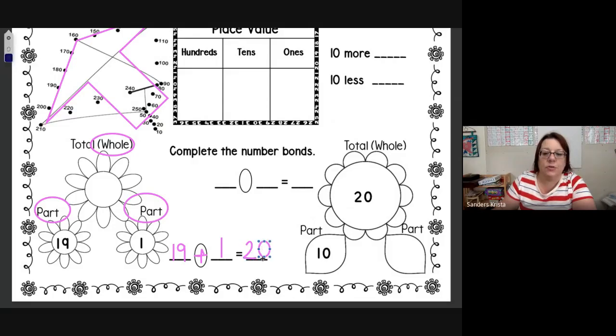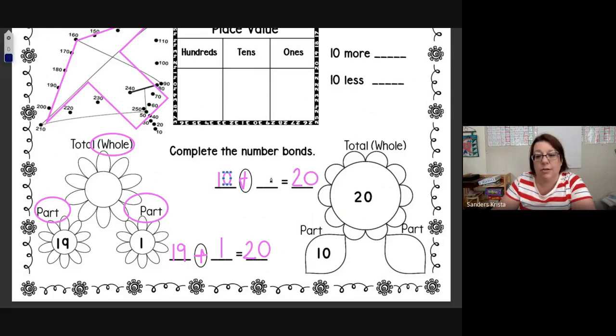2, 0 for 20, okay? And over here, I have a part whole, but this time I have the total, and I know what my total is. I'm going to put my total here, 20. And I know that my part is 10, and I know when I'm adding my parts, I can put it in either place, right? I can put the 10 here, or I could put it in the other part or the missing part.